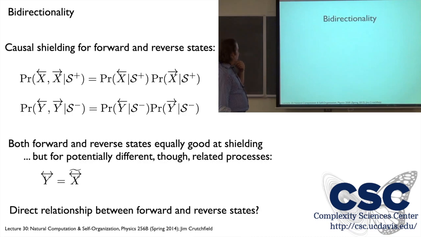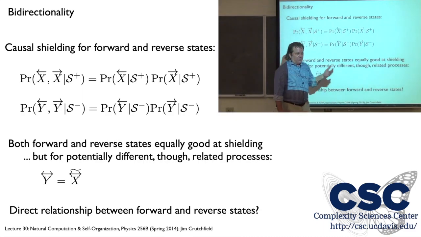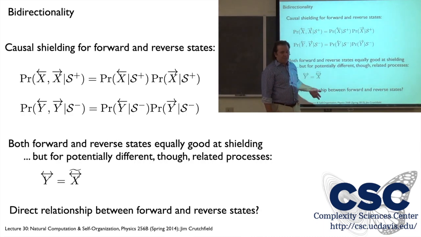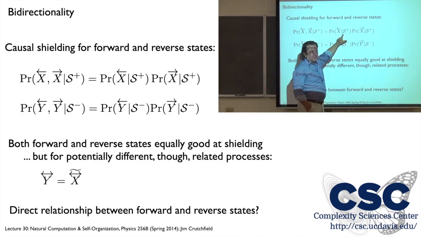Okay, so bidirectionality. We have these two sets of states, forward causal states, reverse causal states, the forward machine, reverse machine, and they both have this property, for example, of causal shielding. So the future and the past are conditionally independent given the forward causal states.